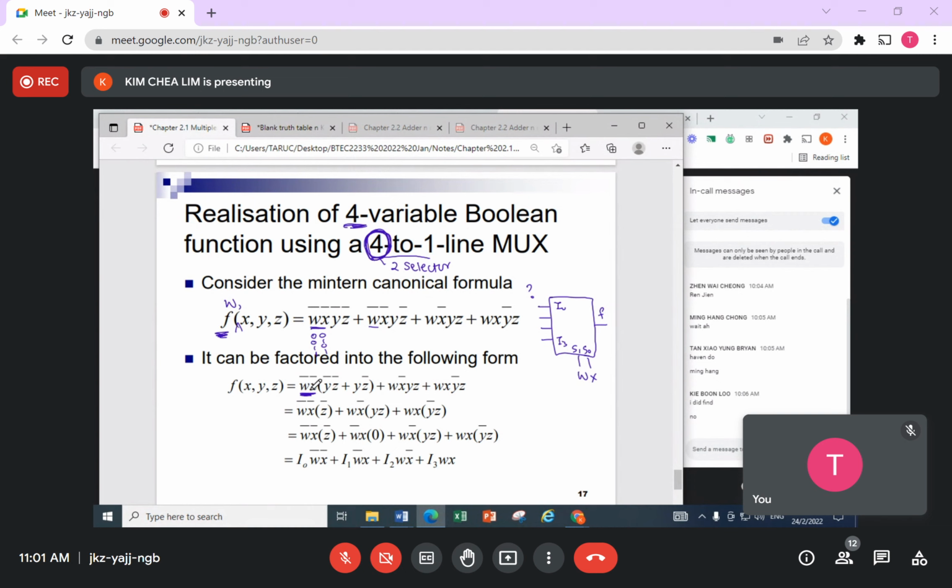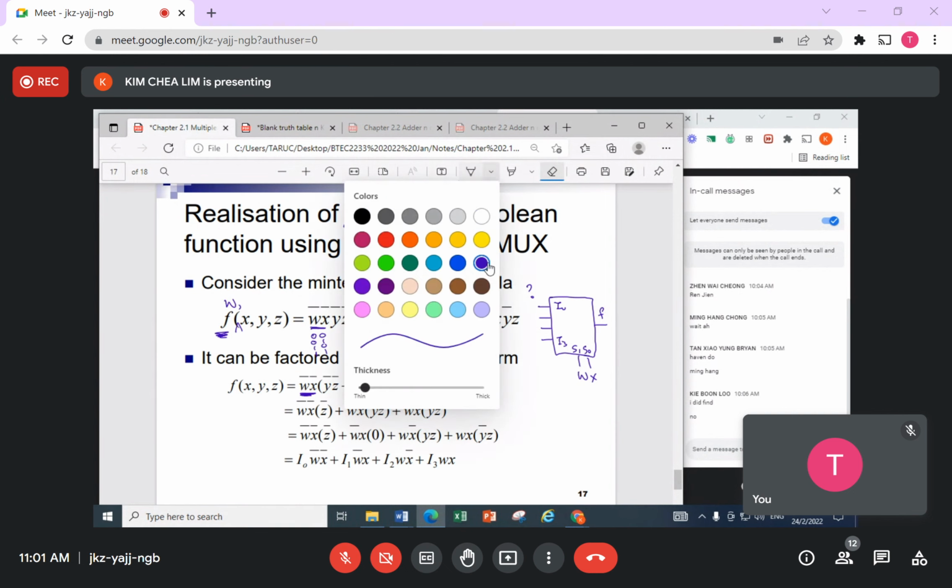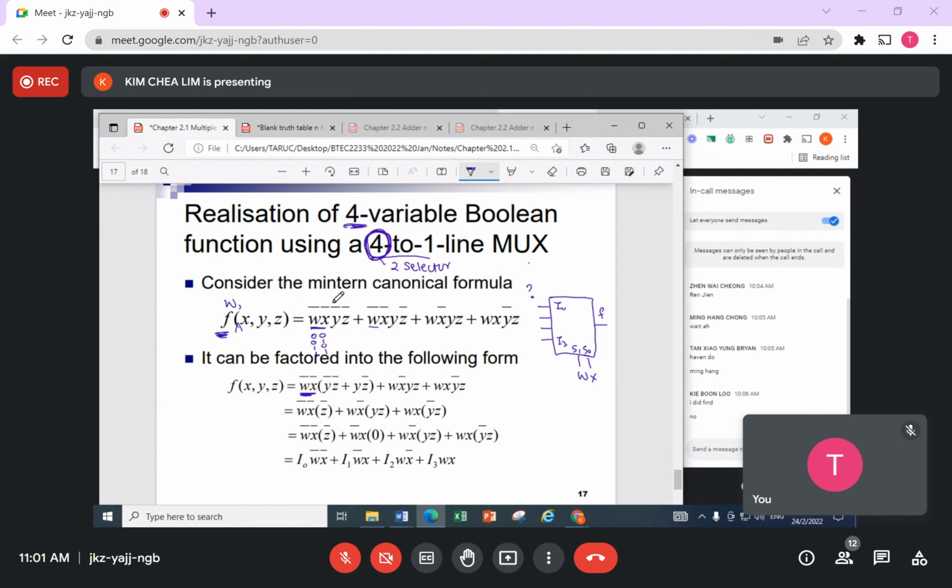And when I take out these two terms, you find that this one here, and this one here, both of them have the same conditions of my WX. Both are 0, 0. Therefore, I can group them together.